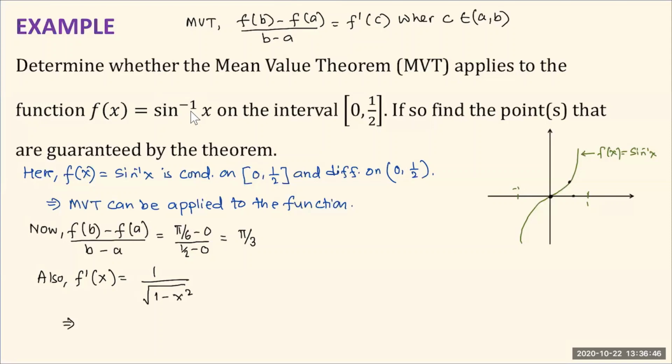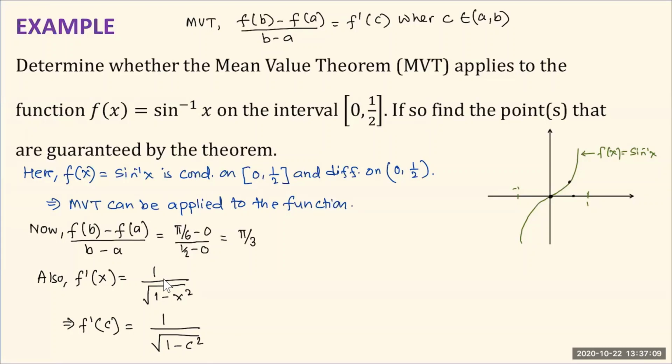This implies the derivative at c, we plug in c for x, so that will be equal to 1 over the square root of 1 minus c squared, because in place of x, I'm plugging in c. So once we have this, we are ready to apply the theorem.